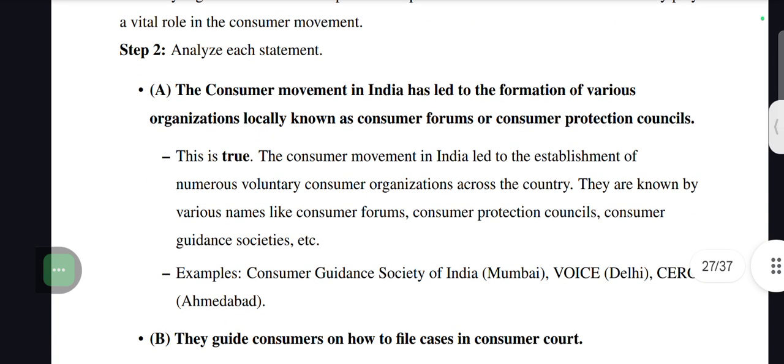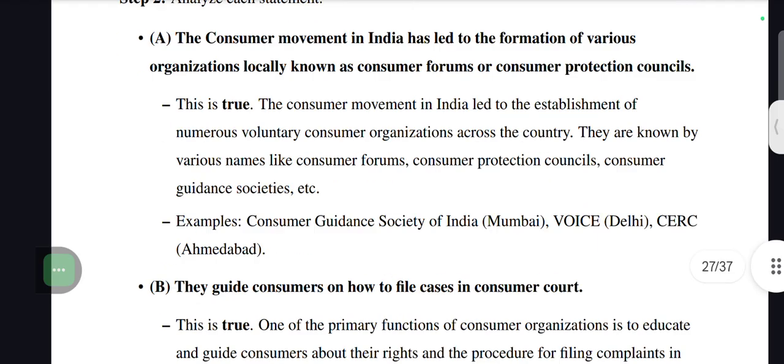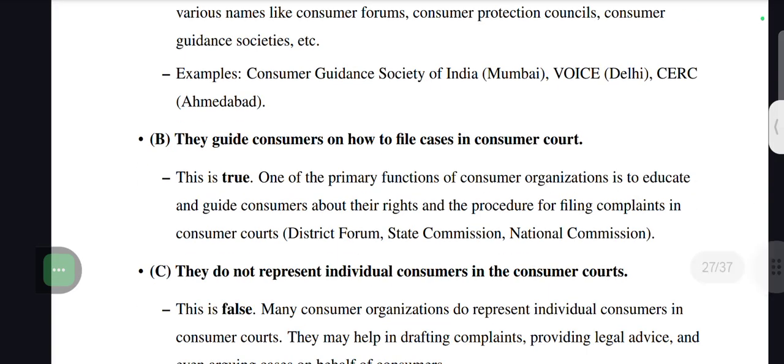The first option: the consumer movement in India has led to the formation of various consumer organizations locally known as consumer forums or consumer protection councils. This is true; it has led to the establishment of numerous voluntary consumer organizations across the country, like Consumer Guidance Society of India in Mumbai, Voice in Delhi. Option B, they guide consumers on how to file a case. Yes, it is also true.